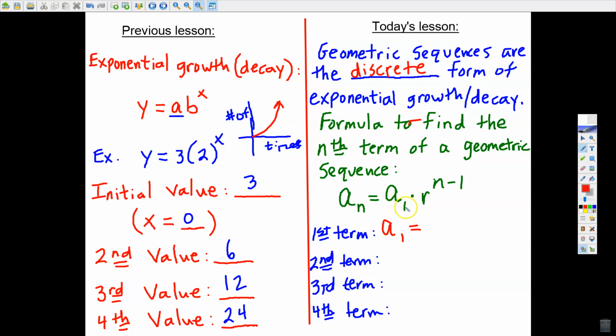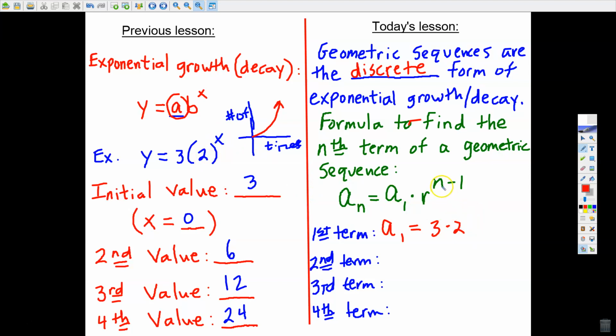Obviously the first term we already knew, because we can either look at A, or we can plug in 0 for x, whichever. The initial value is another way of saying the first term is 3. And this r, remember that stands for common ratio. If you compare the exponential growth function to this, it looks like r is the base for the exponent, and so r is 2.